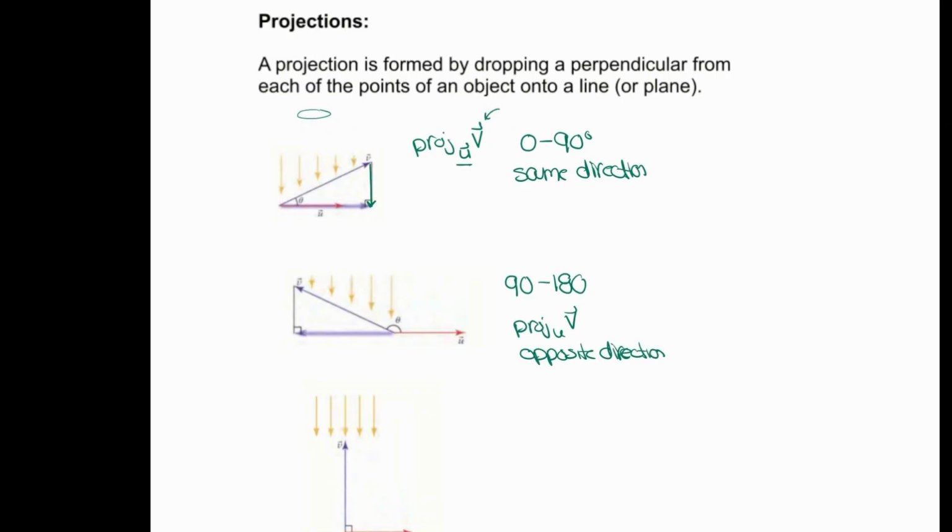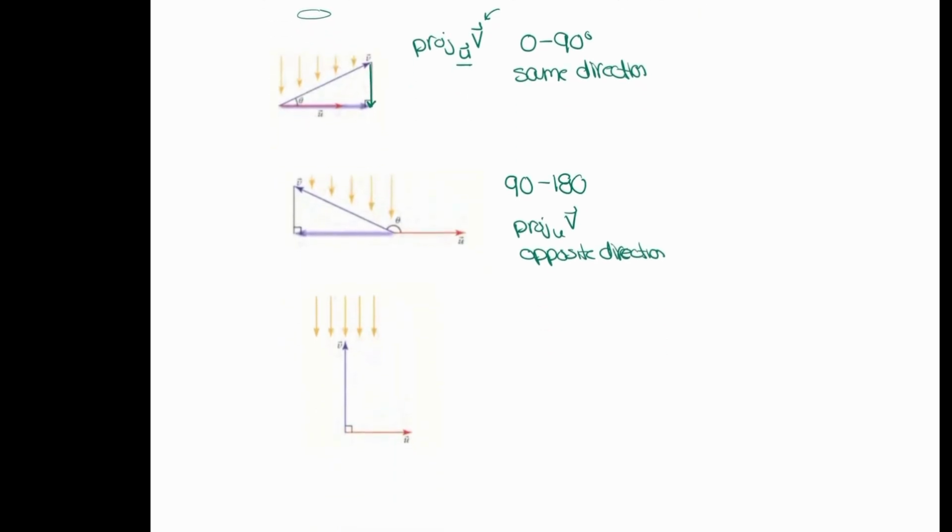It's in the opposite direction. Now, what happens if we have them at 90 degrees? If vector v is perpendicular to vector u, then v doesn't cast any shadow onto u at all. So if v is perpendicular to vector u, or vice versa, it doesn't really matter, it won't cast a shadow.